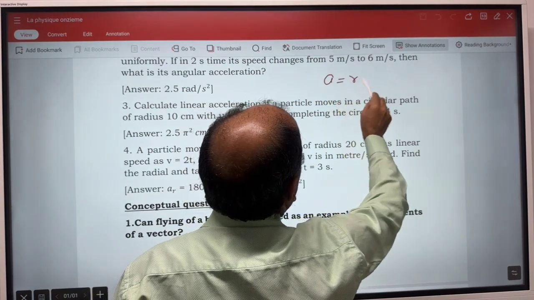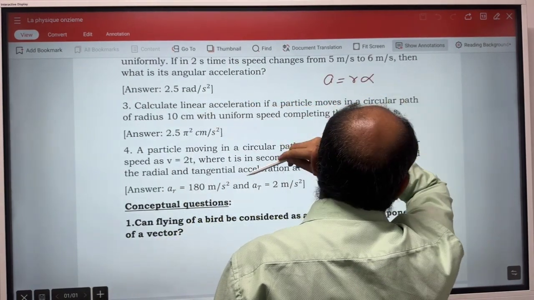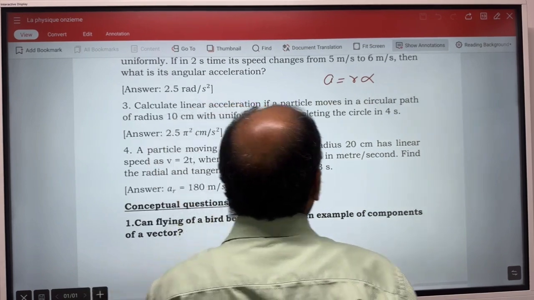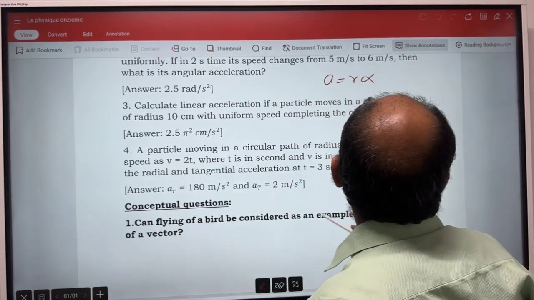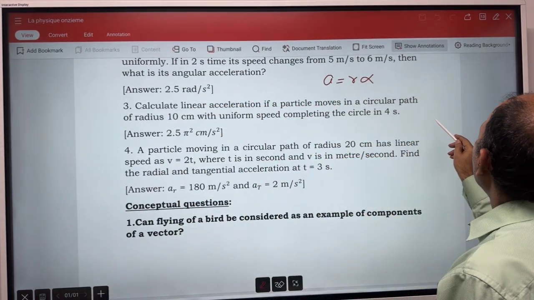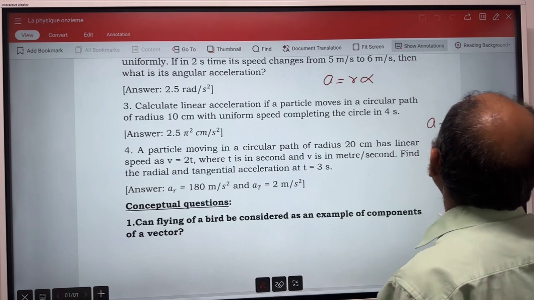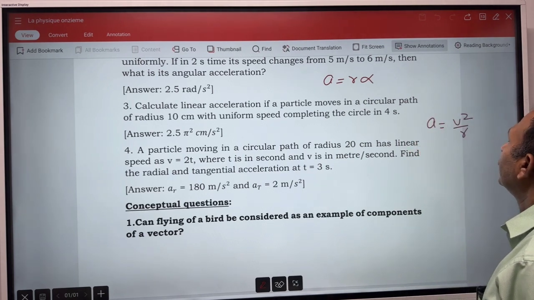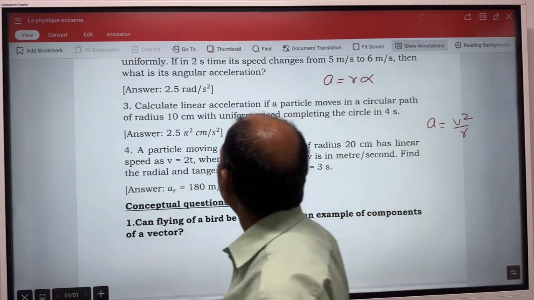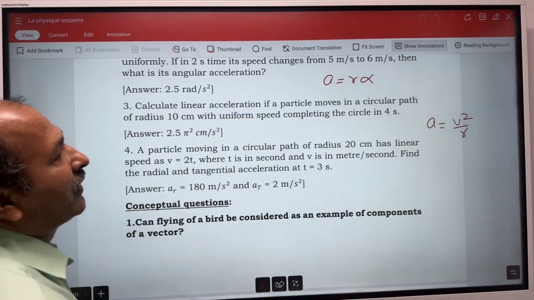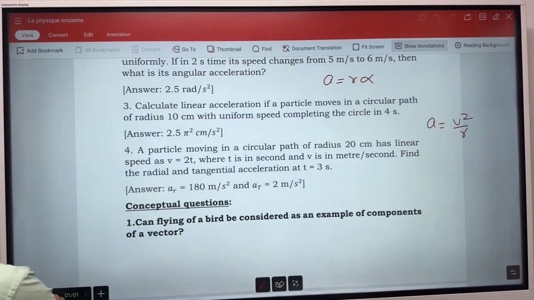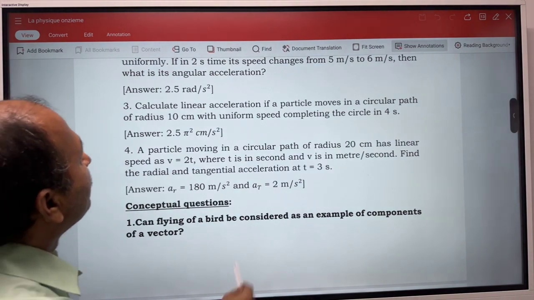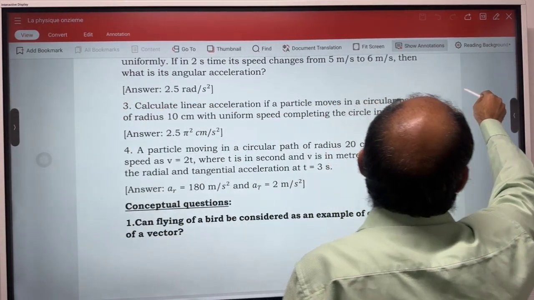A equal to R alpha. And what is alpha here? We can also say A equal to, if we take V square upon R, then what do we get? Shall we get centripetal acceleration?